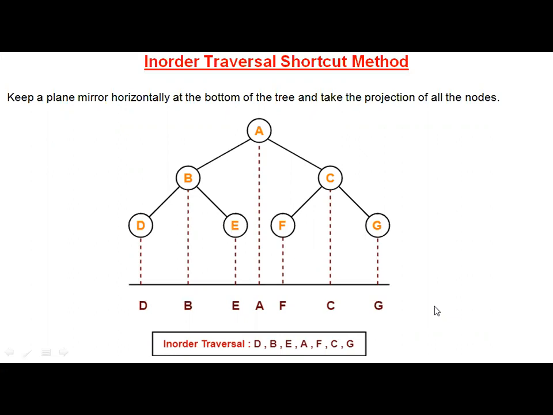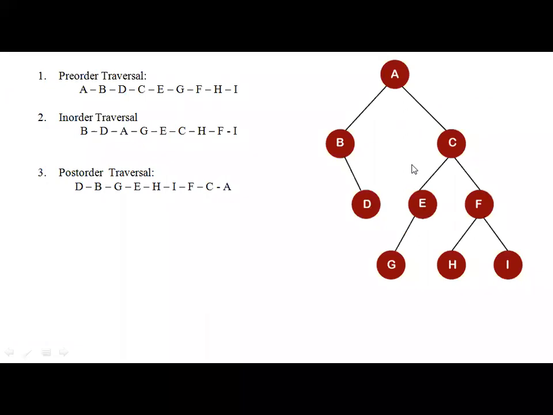Okay, simple way. No need of considering every node. This is the shortcut. In examination, you should follow this. Algorithmically, if you want to follow, now you check whether we are getting the same thing or not. In order traversal, see here. If you take projections, first B comes here.